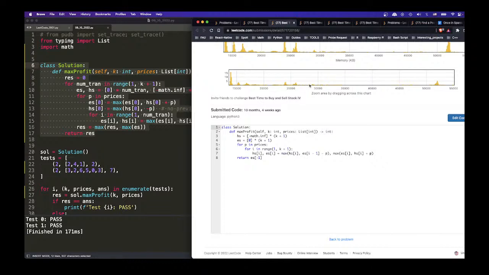Look at this. Number of transactions, we'll just put K in this. Oh yeah, we only use the first K. Oh my god, this is implementation.